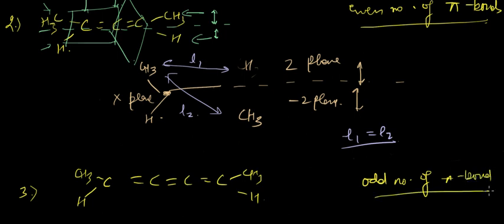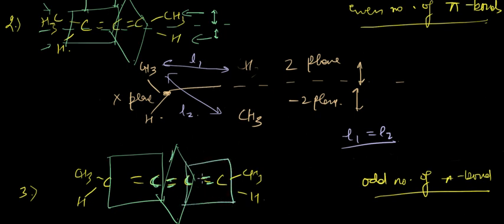So for example, these two are in one plane, hence these two pi bonds will be in a perpendicular plane. Then these two carbon atoms will be in a plane perpendicular to this plane, which would again be the horizontal plane. So this double bond and this double bond lie in the same plane. Hence, this CH3 and H and this CH3 and H lie in the same plane.